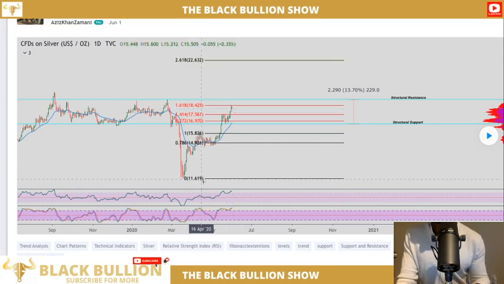Now take a look. This is the RSI down here. I'm going to try to show you this without interrupting so much of your vision, but right here we have the middle, roughly around 50, and above, and let's see if we can get to 70 here.